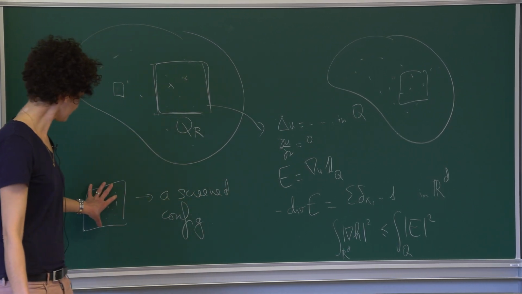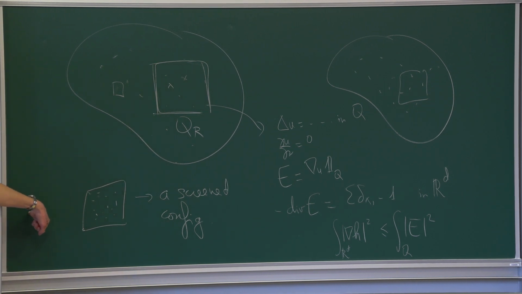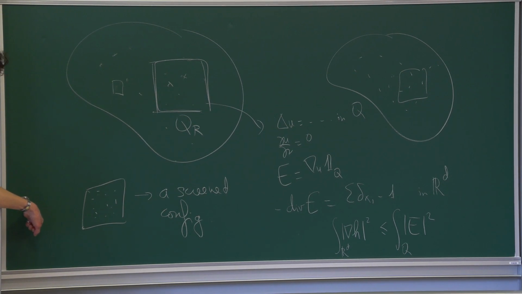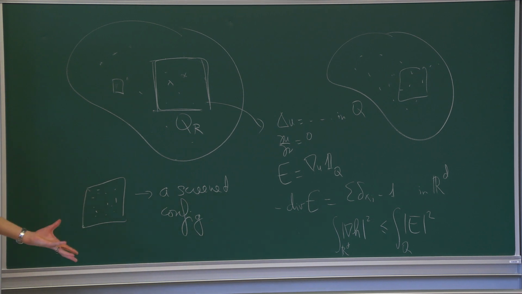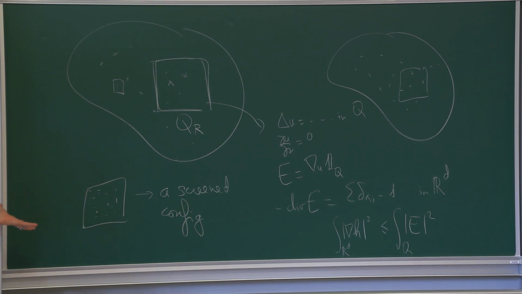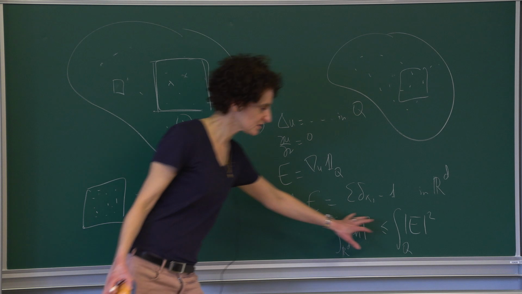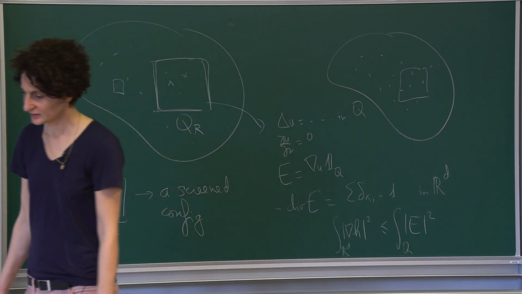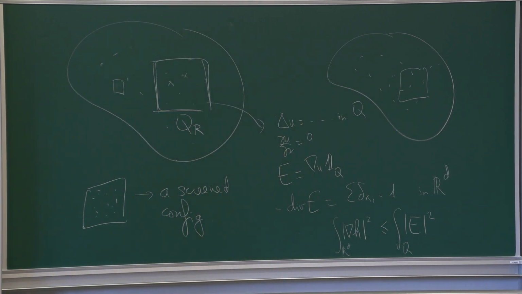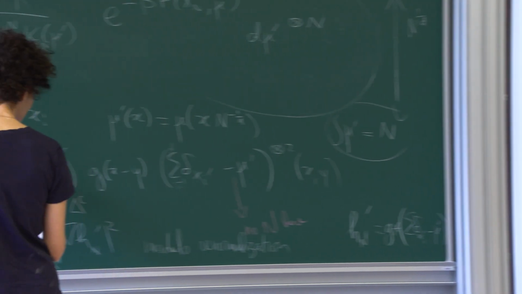Because from the point of view of the outside, if I sit here, basically it's almost as if this thing is generating no field. Because I can compute the energy as purely the energy in the box. So I don't know if you remember, I told you at the beginning, what we did is we started from a double integral formulation of the energy.